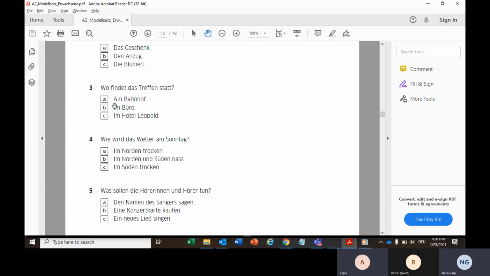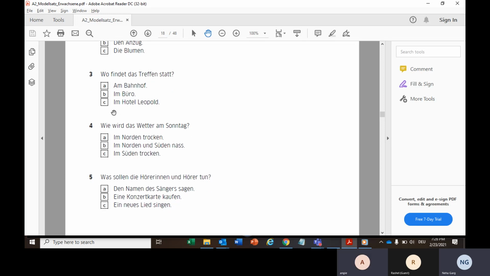Because initially she said that the meeting is not happening in the office. There was some mistake in the information. Now they are meeting in the Hotel Leopold, and then she was asking that come in directly, and the place is near to the Bahnhofplatz. So the correct answer is C.